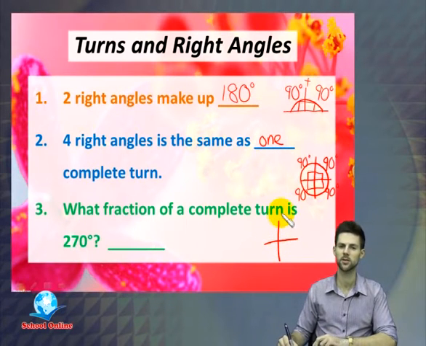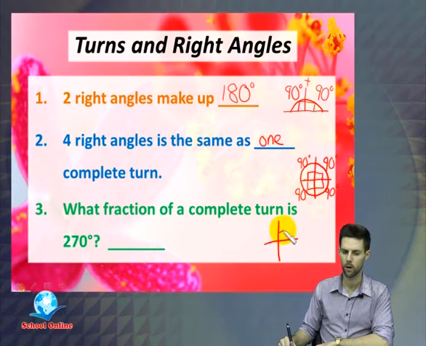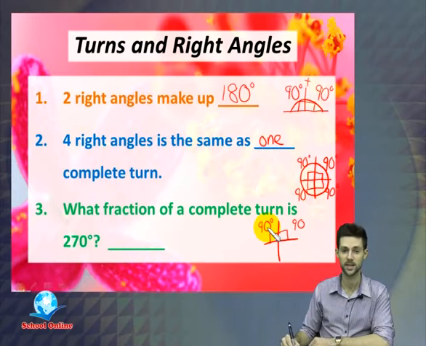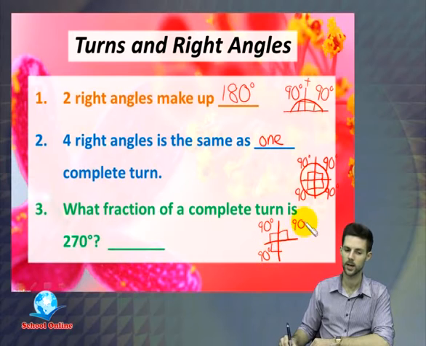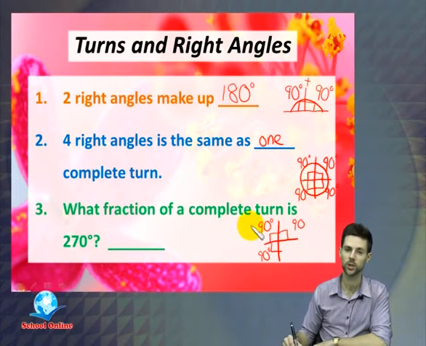If we have 270 degrees, how many right angles is that? We have 1, 90 degrees, 2, another 90, 90 plus 90 equals 180, 1 more right angle, another 90 degrees, 180 plus 90 equals 270.